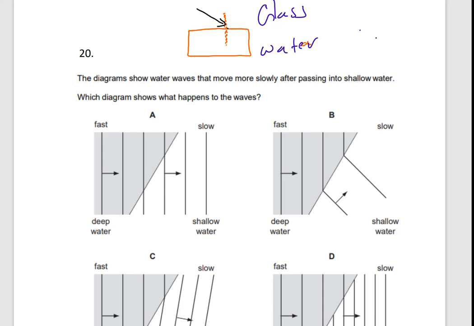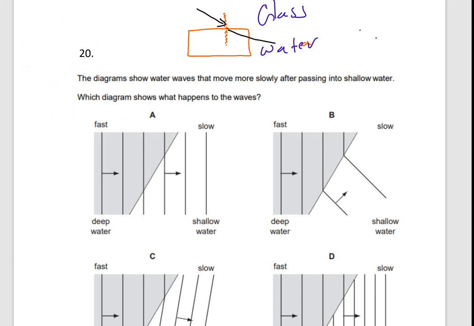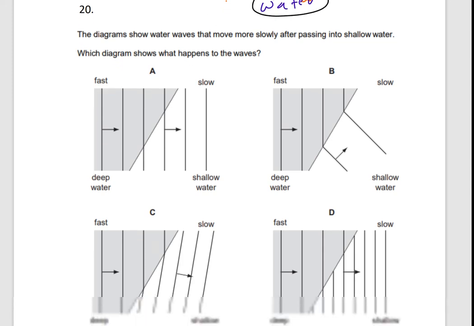It would bend away from the normal because it gains speed. It would bend in that direction. So remember, when it is going from a denser medium to the rarer medium, it would speed up, so it would bend away from the normal.